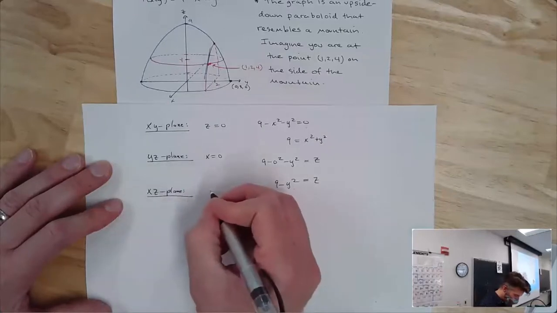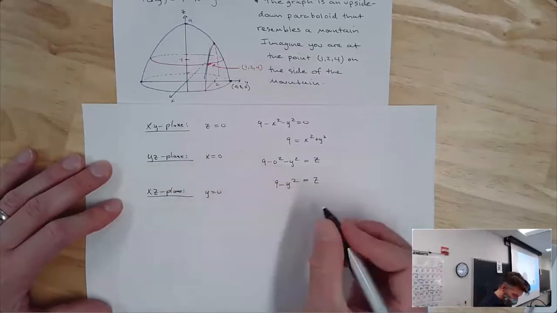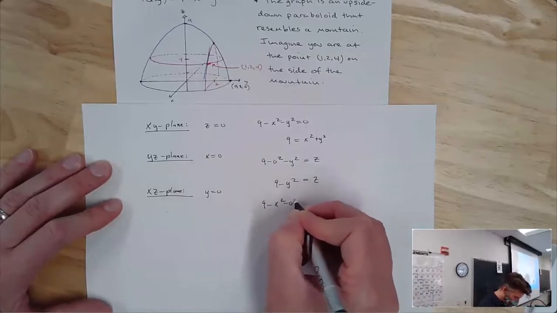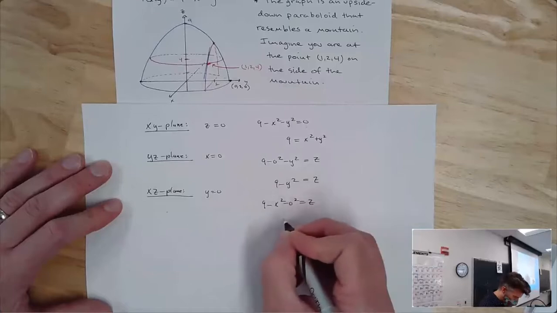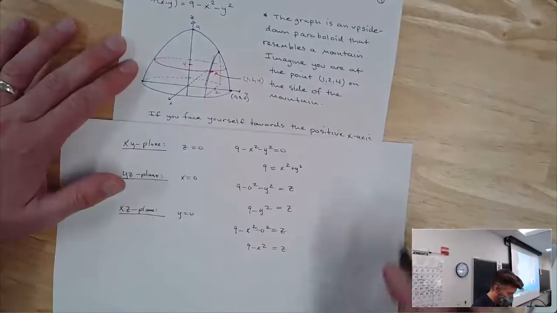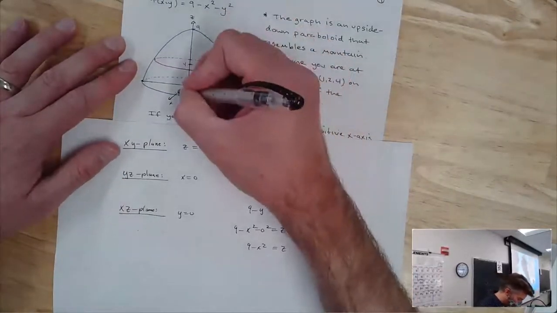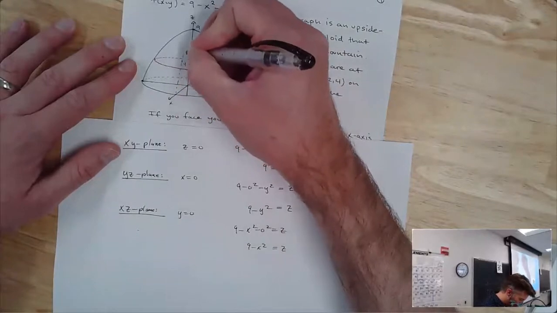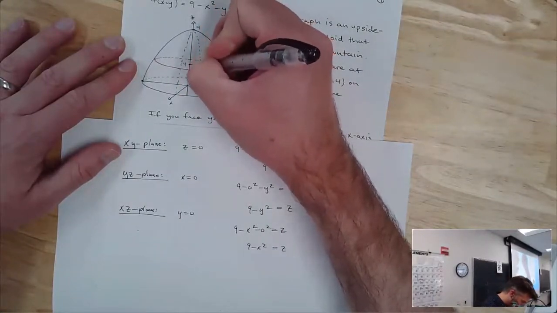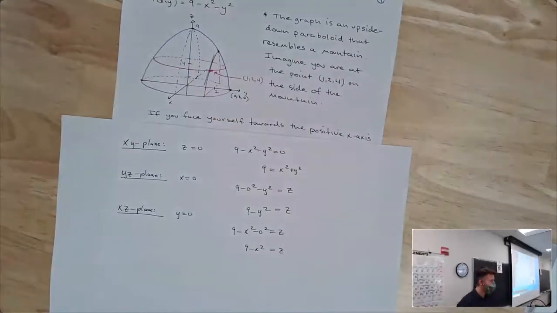We have y equal to 0, and we have 9 minus x squared minus 0 squared equals z, which becomes z equal to 9 minus x squared. We haven't actually drawn it, which is totally fine, but it would be that downward opening parabola right there in the xz plane. So there are your 3 traces.